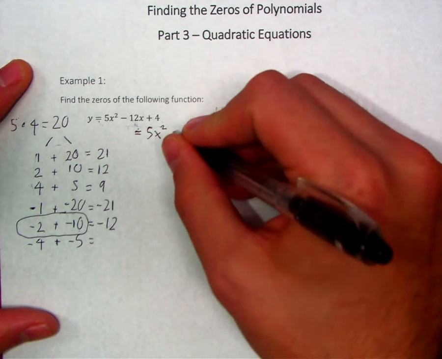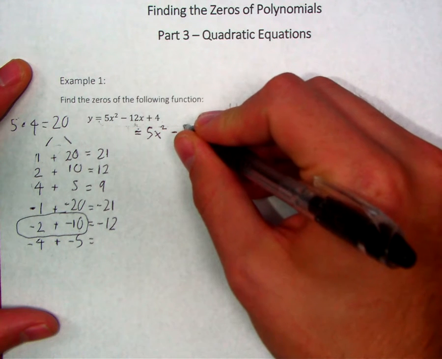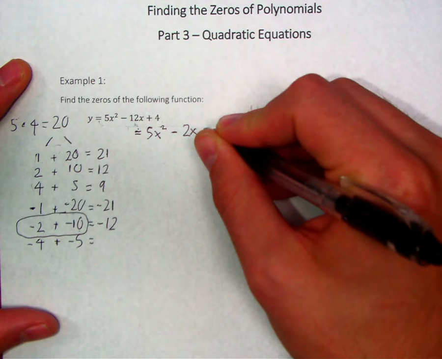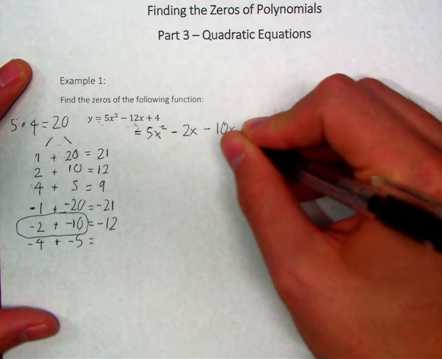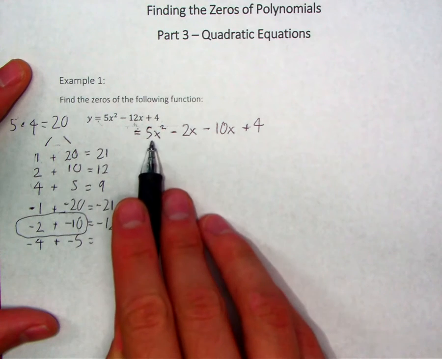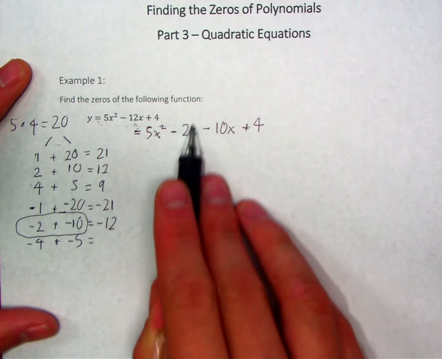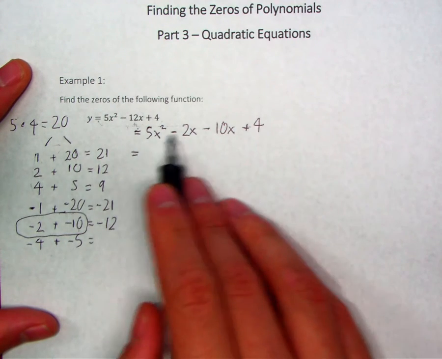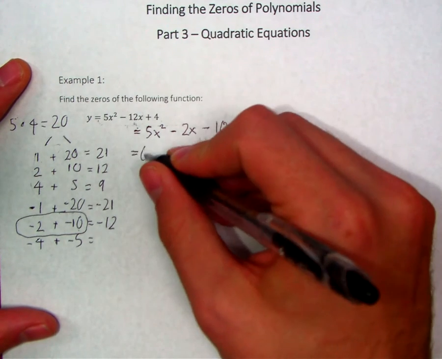So let me write it like 5x squared minus 2x minus 10x plus 4. So I rewrote this equation, but now with 4 terms, and I got the extra term by splitting up that B term. Since I have 4 terms, I'm now able to use grouping.